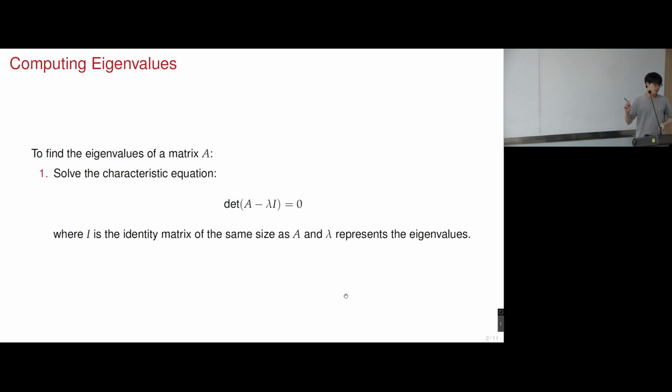Remember that we had this notation AV equals lambda V, and what we want to do is find lambda and V. Just move this term onto the left, and you write it like this.